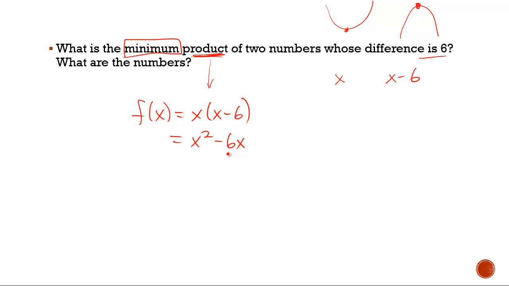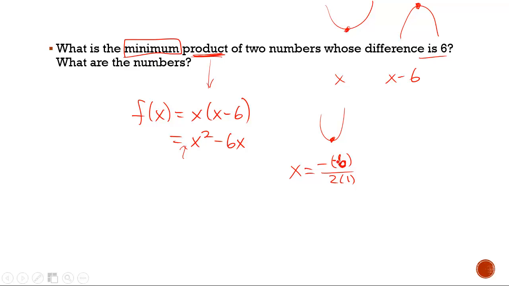Now if we could find the vertex of that, then we would know where the minimum is. And there's a minimum because it's a parabola that's facing up and it has a minimum vertex. So let's find the x value. You could either complete the square quite easily here, or you can say negative b over 2a.